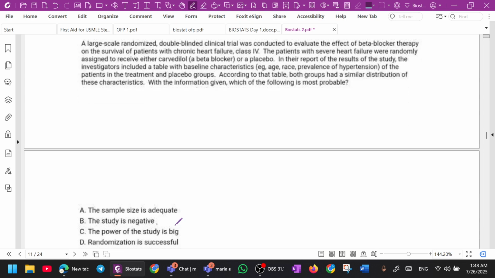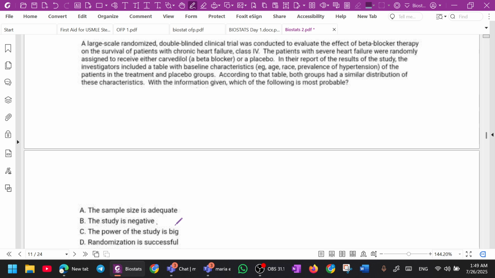A large scale randomized double blind clinical trial was conducted to evaluate the effect of beta blocker therapy on survival of patients with chronic heart failure class 4. The patients with severe heart failure were randomly assigned to receive either carvedilol or a placebo.